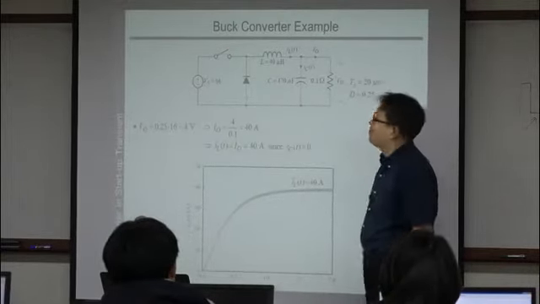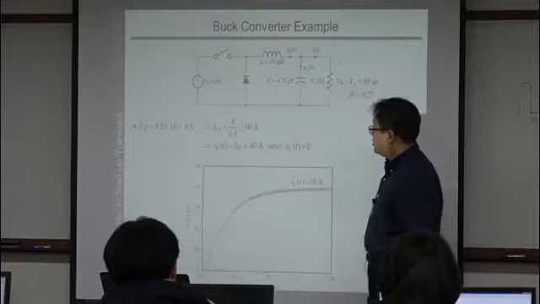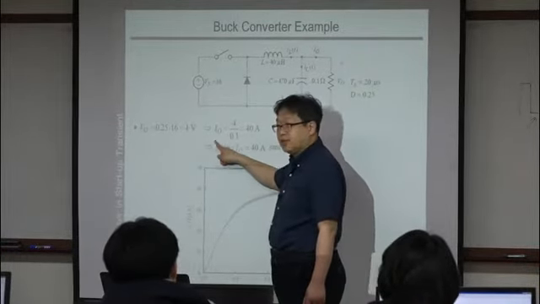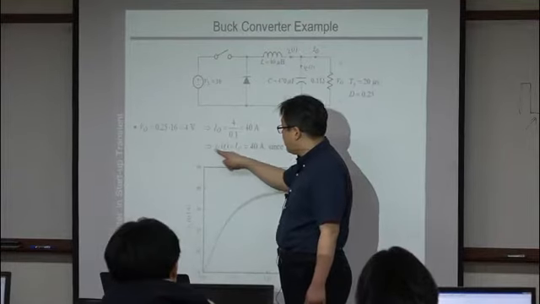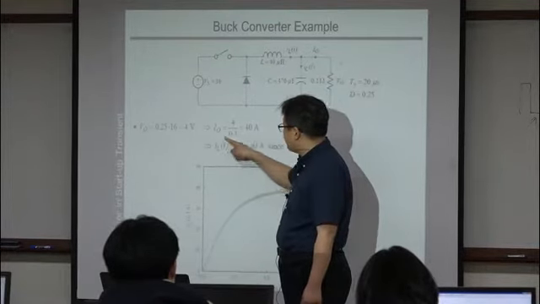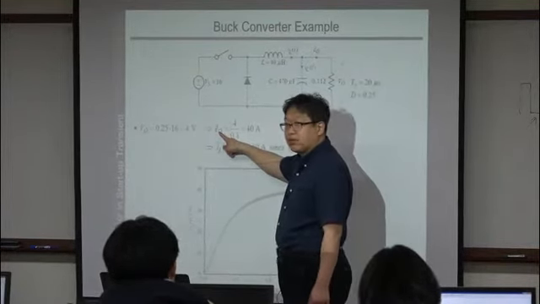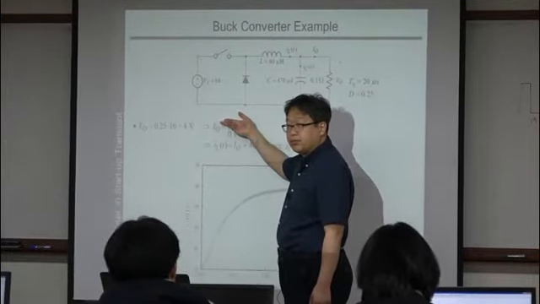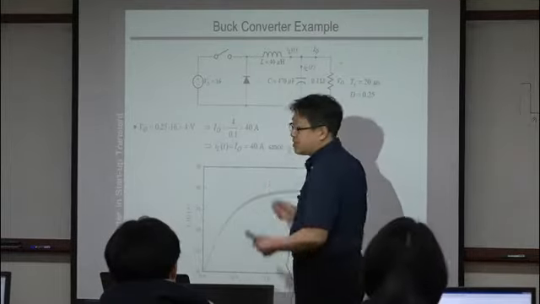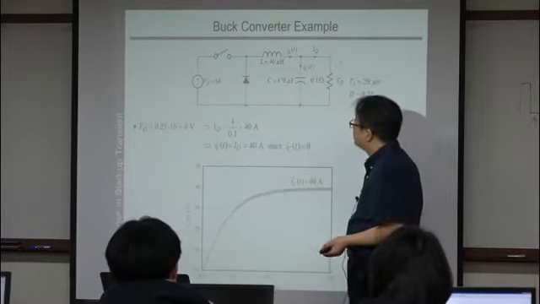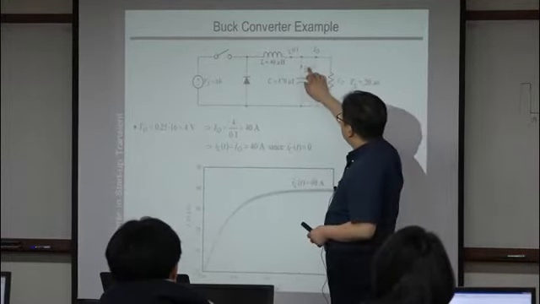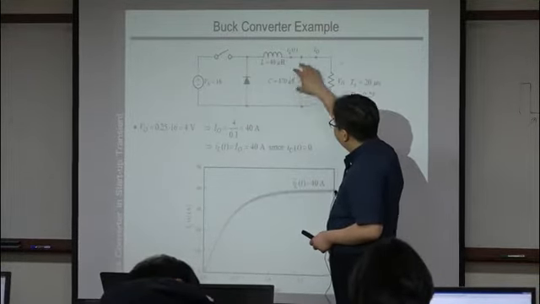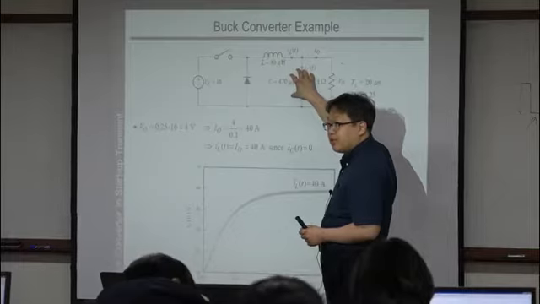40 ampere. And can you say IL, this bar, means average? Can you say average IL is the same as IO? How come? Think about it. At the steady state, the average capacitor current should be zero, right?